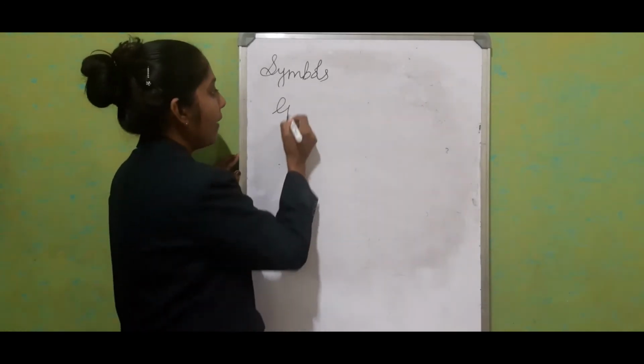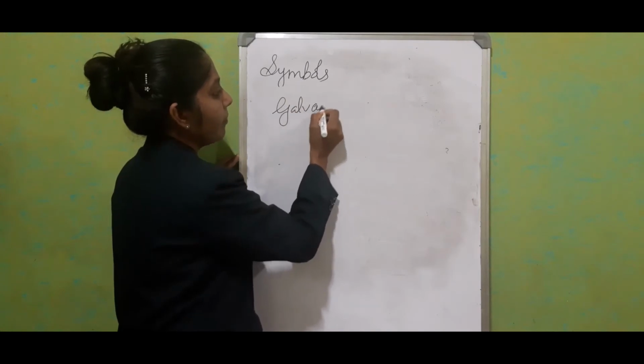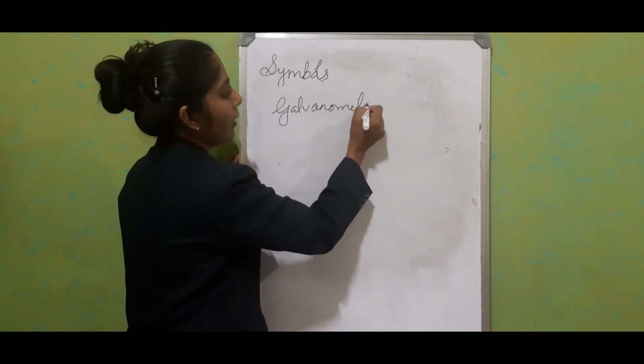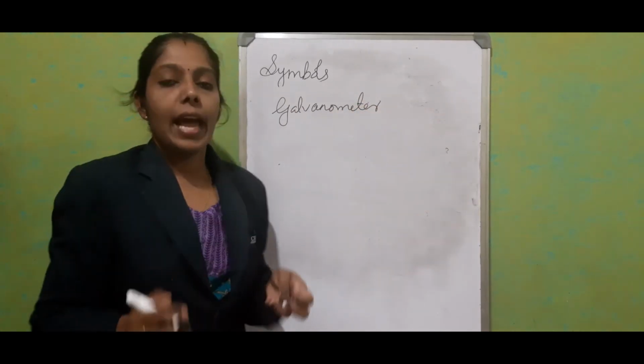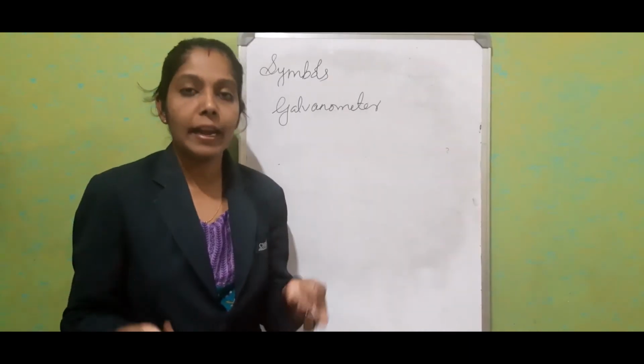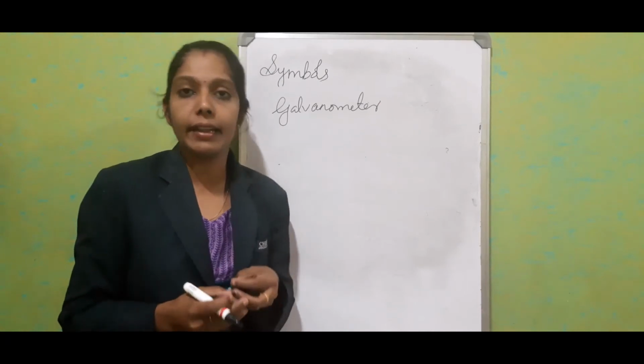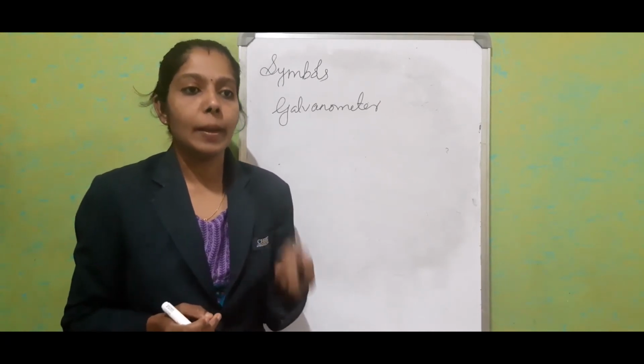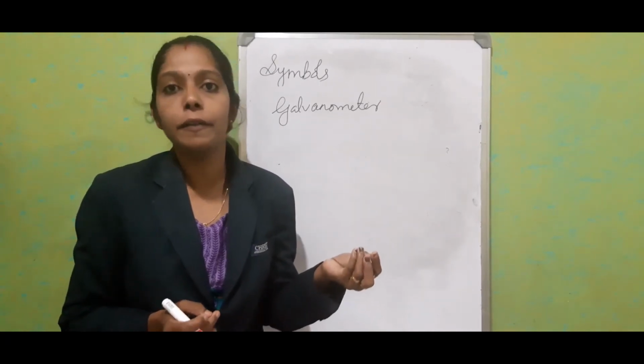Next one is the galvanometer. A galvanometer is a device used to find the presence of weak current in the circuit, or sometimes the direction of flow of current.